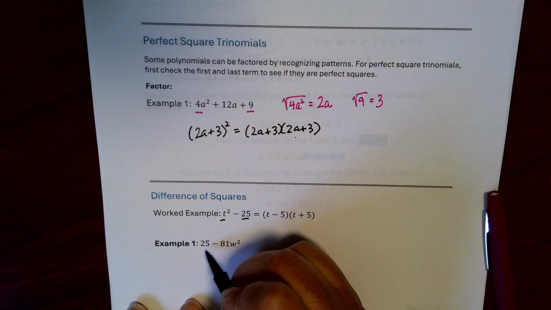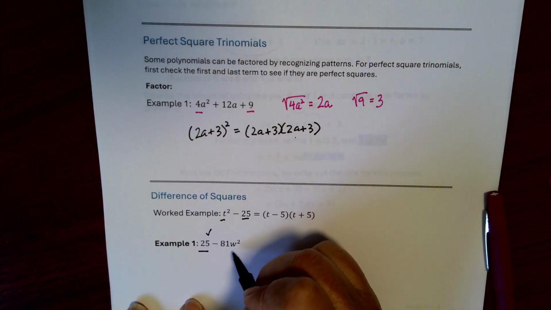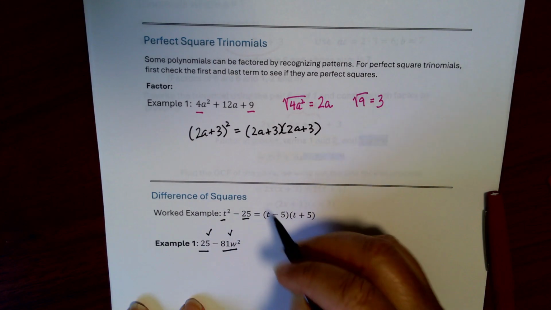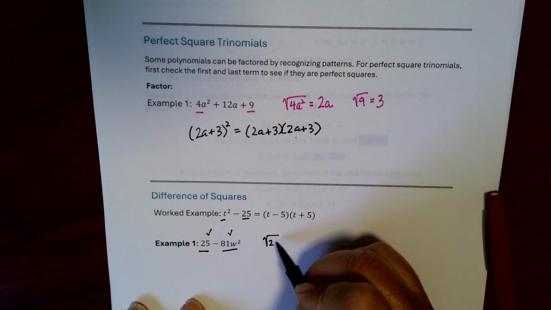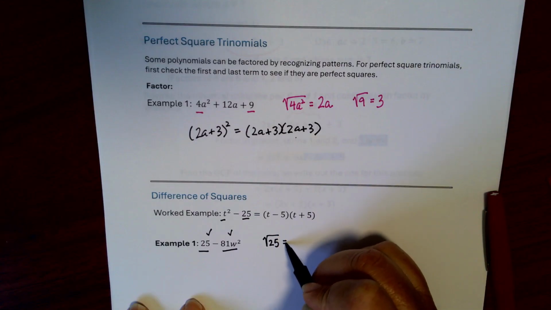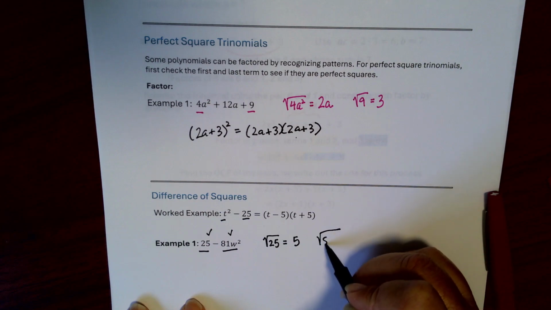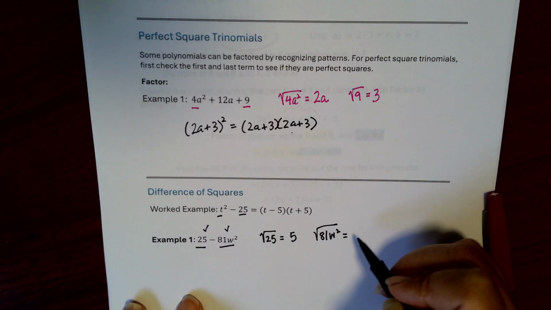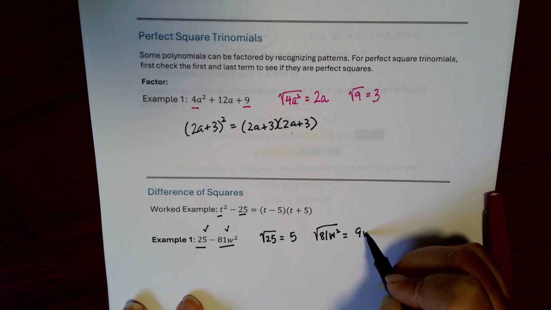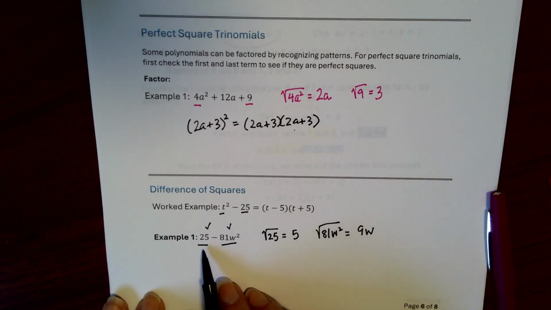We'll do an example. Is this 25 a perfect square? Yes. Is 81w squared a perfect square? Yes. So in order to factor this, you take the square root of 25, you take the square root of 81w squared, and then now you have to go in the order.